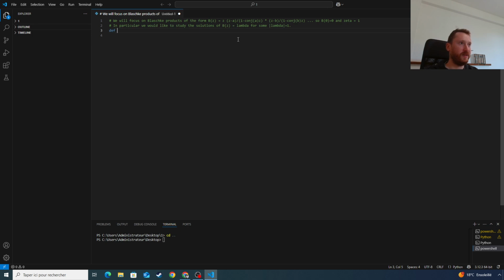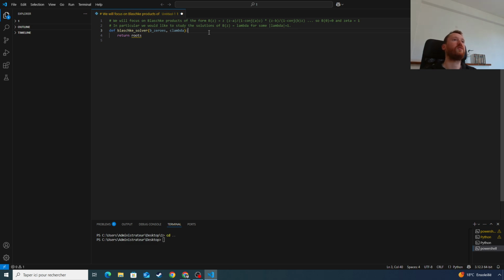Okay, def blaschke_solver takes in input the zeros of B, so B is fully determined by its zeros. Once you know the zeros of B, you know everything on B when it is of this form. So in input we have b_zeros, and it takes also in input the lambda, and we will return the roots, so the solutions.